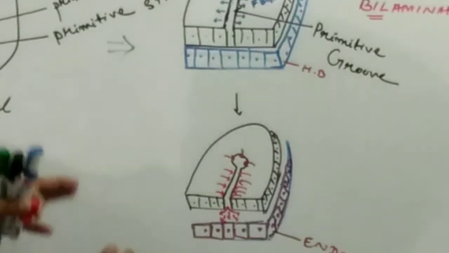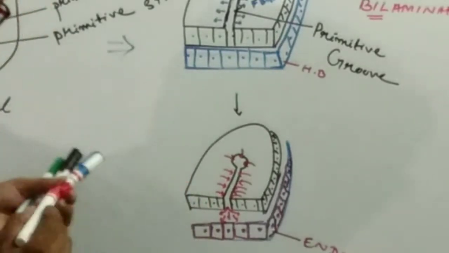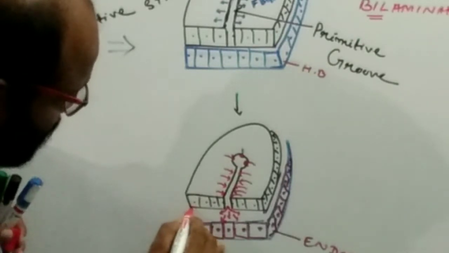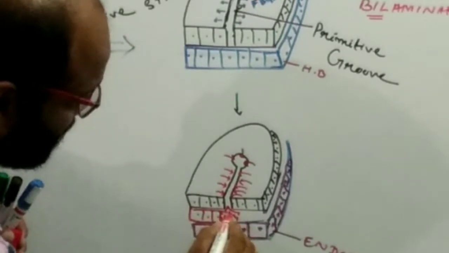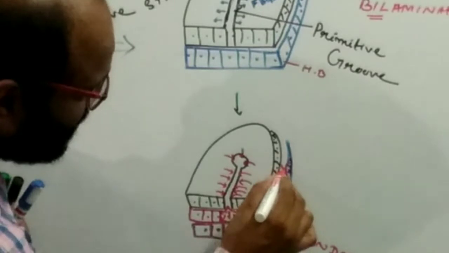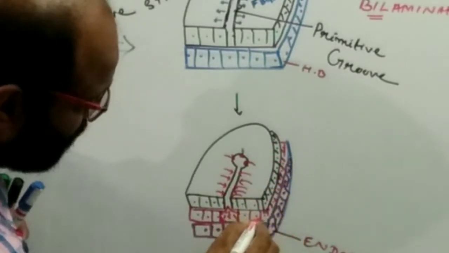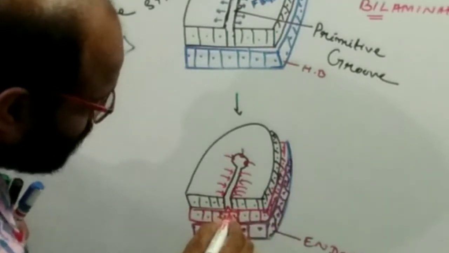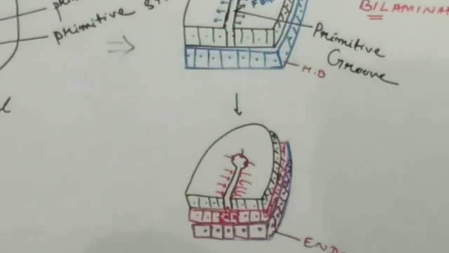And some of the cells present in between the two discs form the mesoderm. So this is the process by which the bilaminar disc converts into a trilaminar disc.